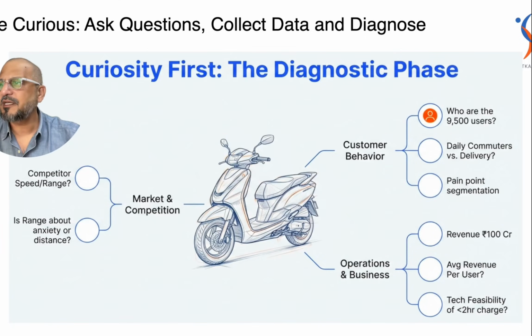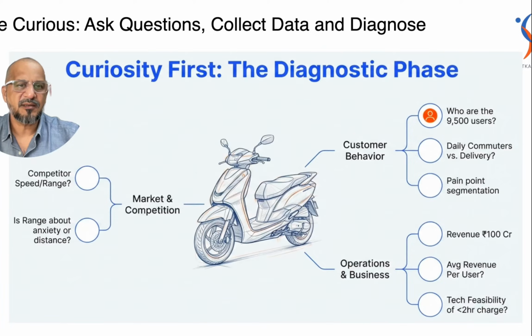So there are three things on this small mind map that I created. One category, one node is customer behavior. So who are my customers, right? Who are these 9,500 people? Are they daily commuters, or are they Zomato delivery agents?